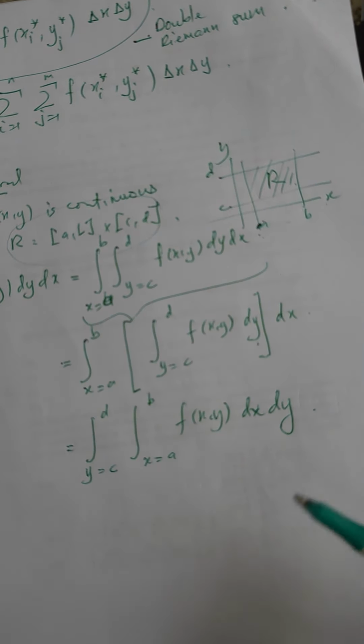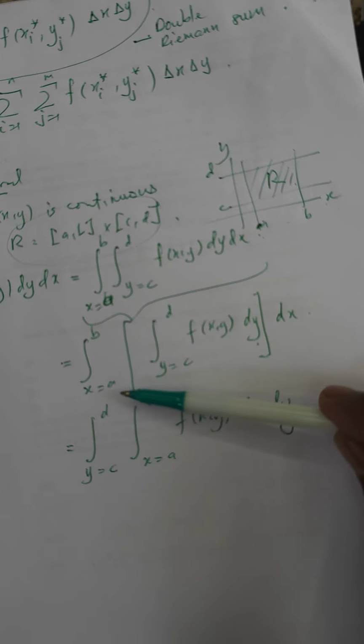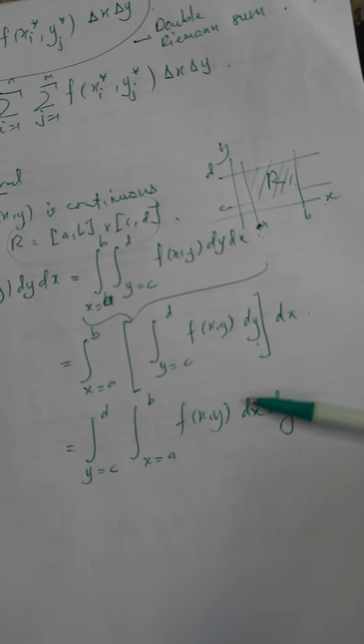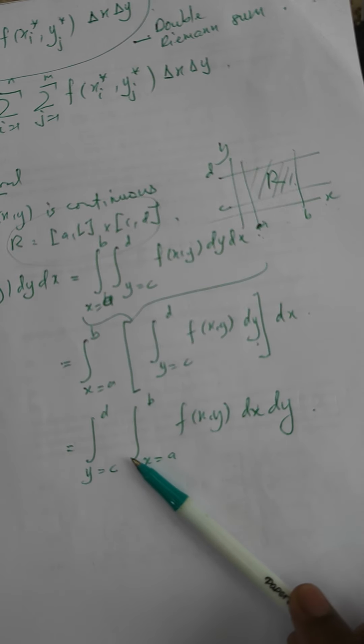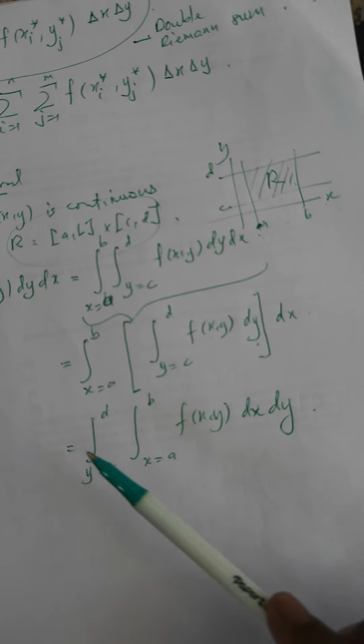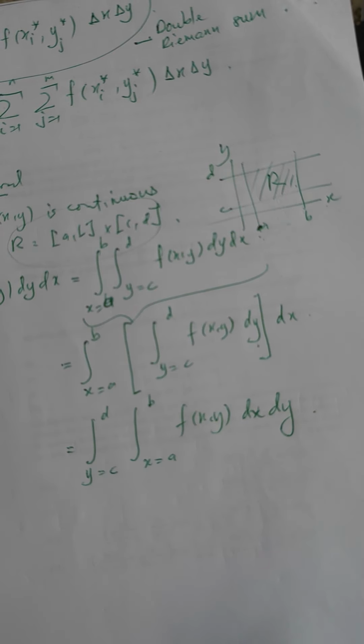In the usual manner, we don't put the bracket there, so it's understood that the inner integral is to be done first. Having done the inner integral, we then evaluate the outer integral.